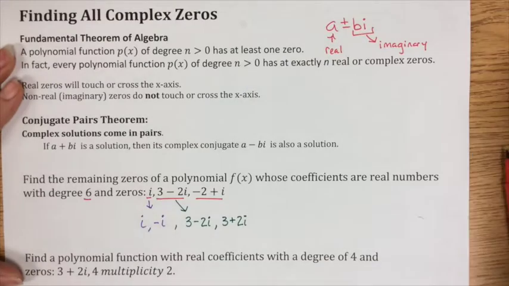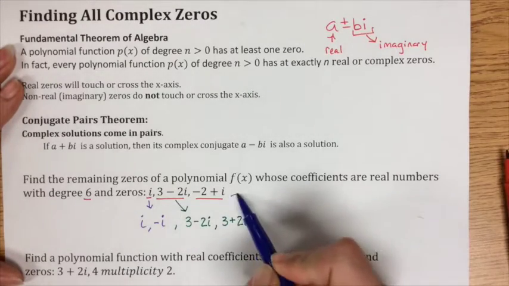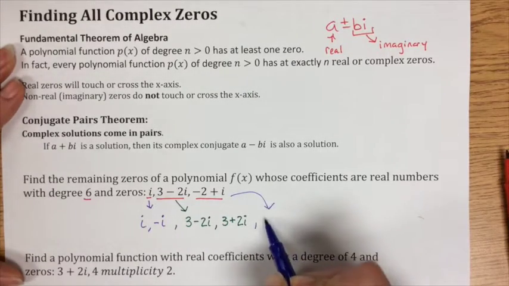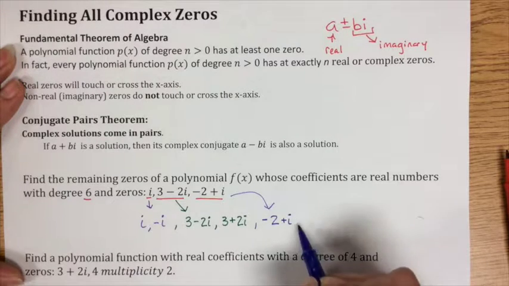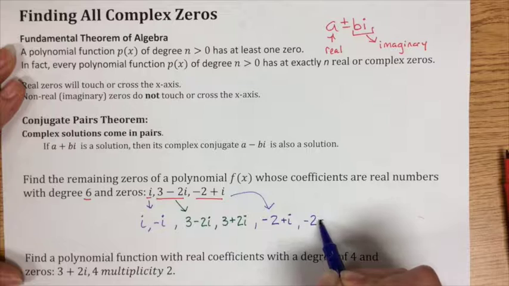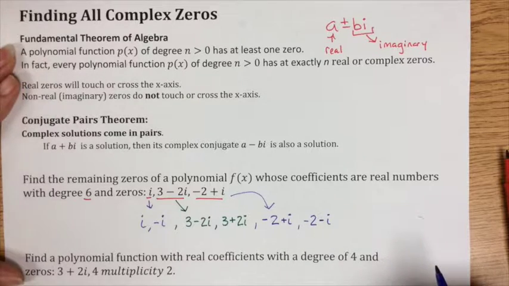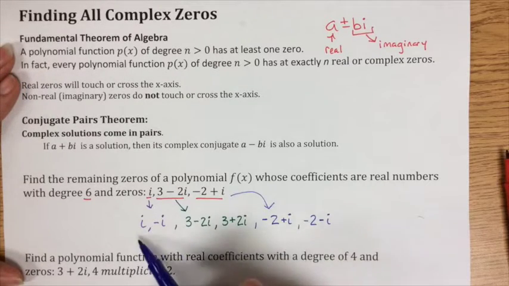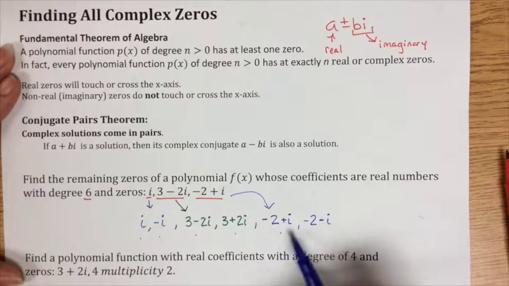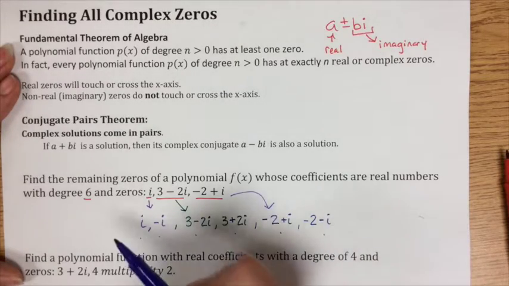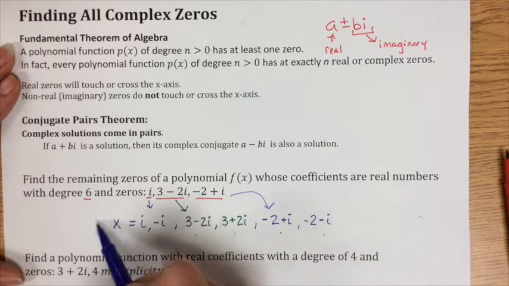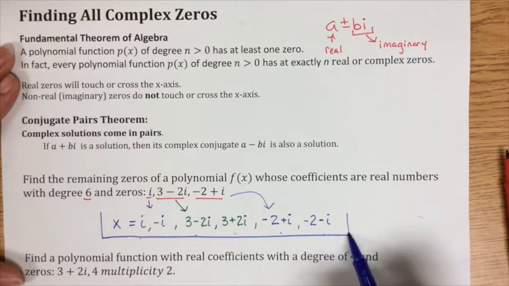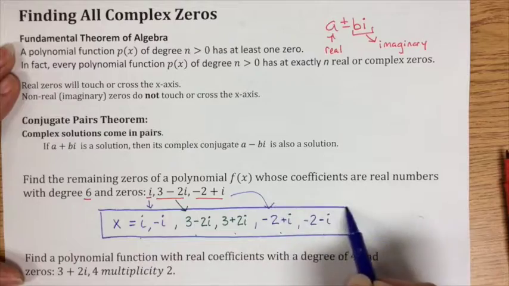And the very last one over here is this guy. If we have negative 2 plus i, we must also have negative 2 minus i. So how many do we have? 1, 2, 3, 4, 5, 6. That is all of them. So these are all the zeros, x equals, and we have found all of them.